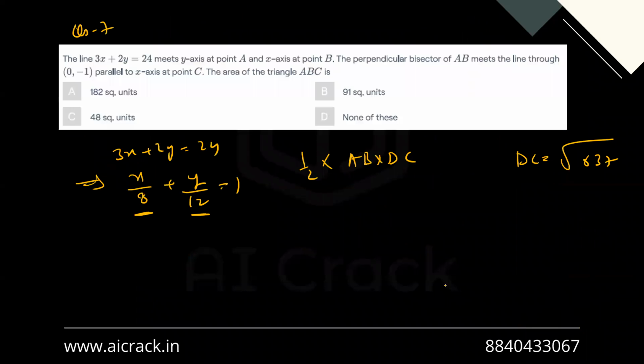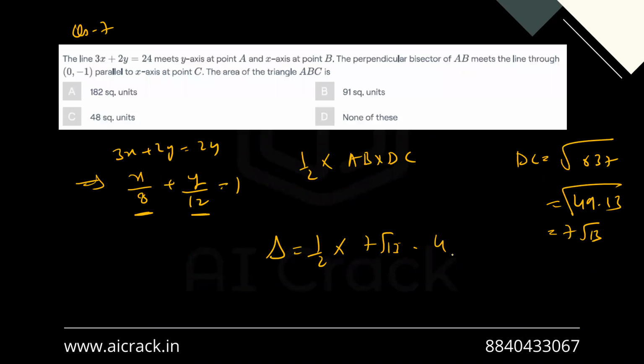So this 637 is nothing but 49 times 13 under root. This comes out to be 7 root 13. So delta would be 1 by 2 into 7 root 13 into 4 root 13. So this becomes 14 into 13. So I think 182 would be the answer.